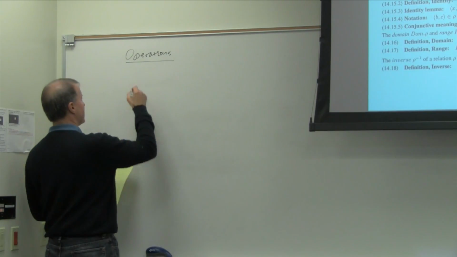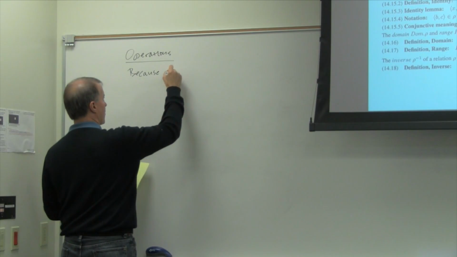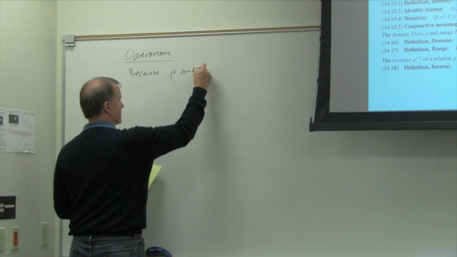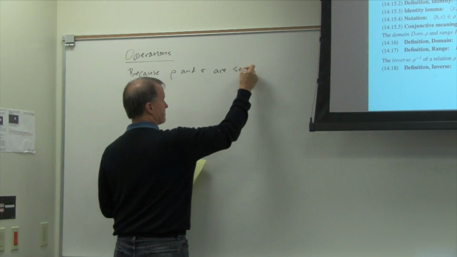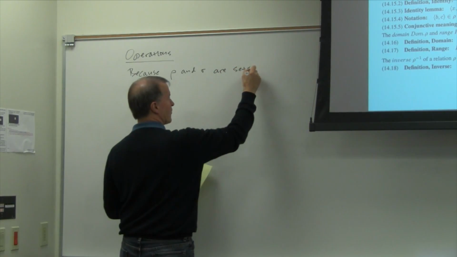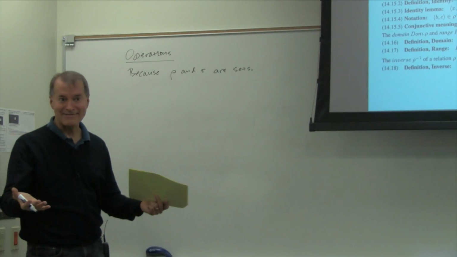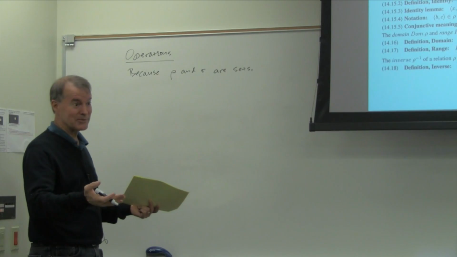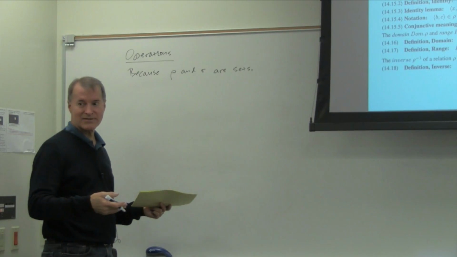Now, because rho and sigma are sets, what can you do with sets? What are some of the things that we did with sets? Set equality, a lot of proofs. What were some of the operations that we could do on sets?